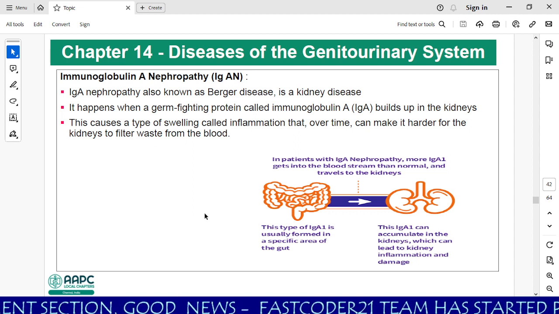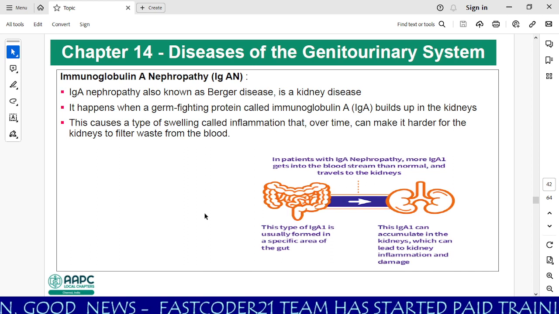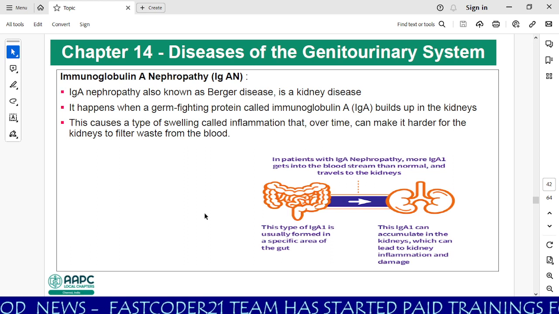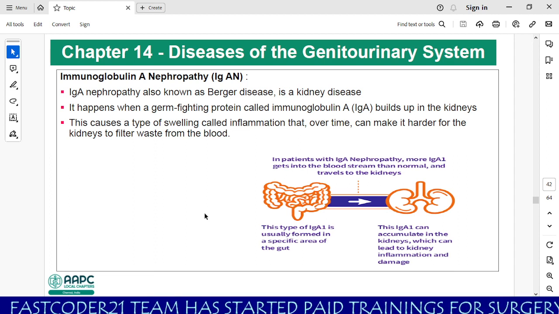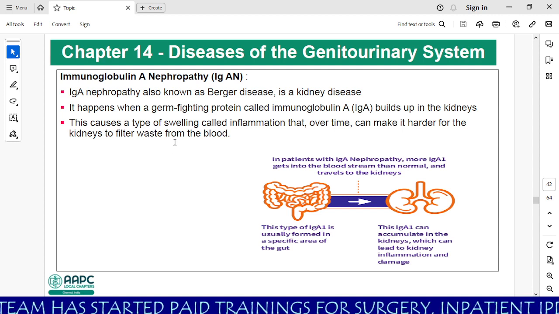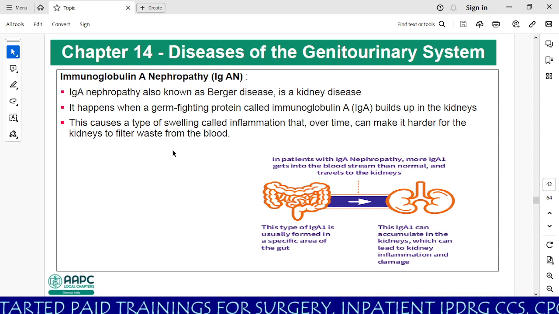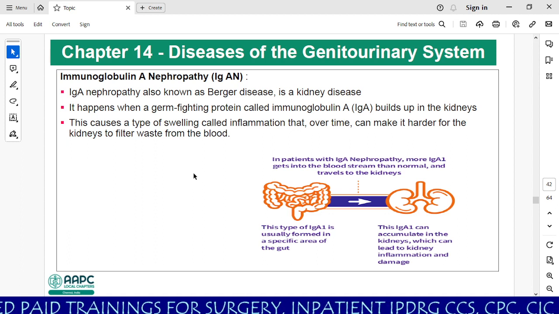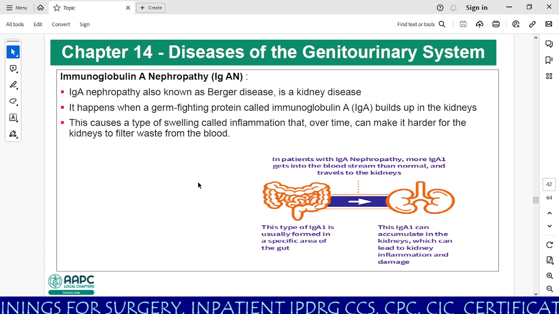So basically, because of this IgAN, the kidneys are unable to act as they should. It will create inflammation in the kidney.